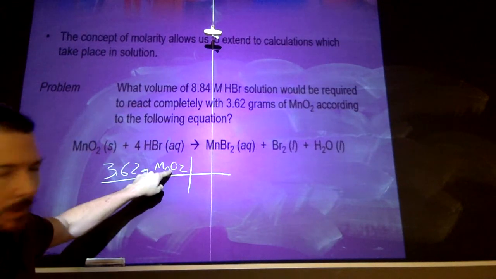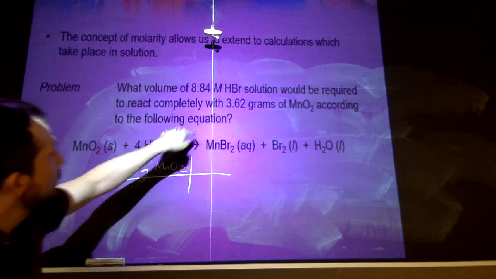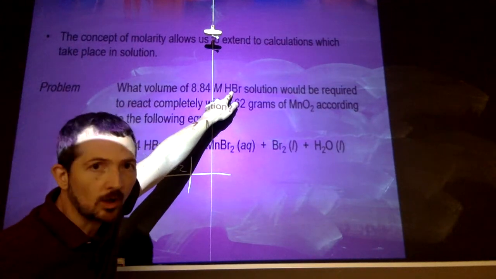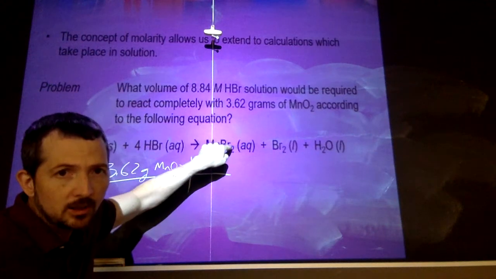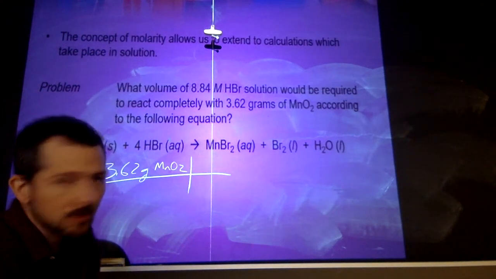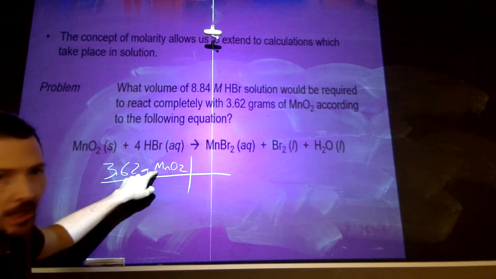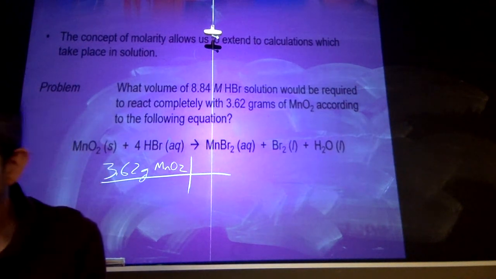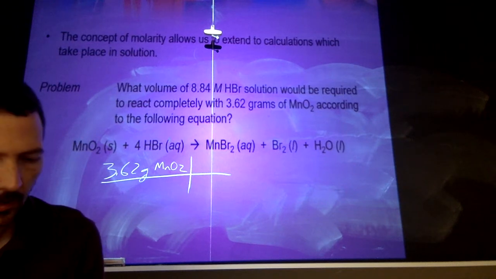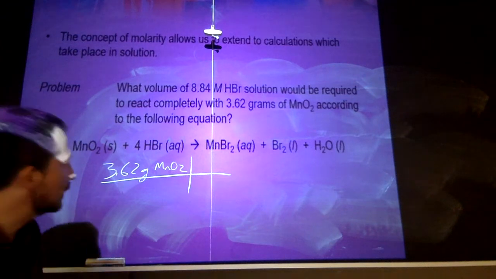So I want to go from MnO2 to how much of this HBr I need. So to go from one compound to another compound, I need to use a mole ratio from my balanced equation. So to use a mole ratio, I first need to be able to convert this to moles. So manganese 54.94 plus 32 to that, 86.94.